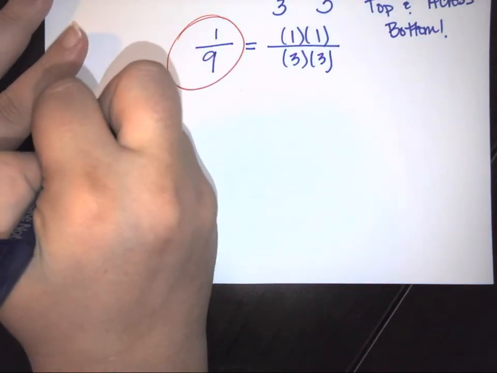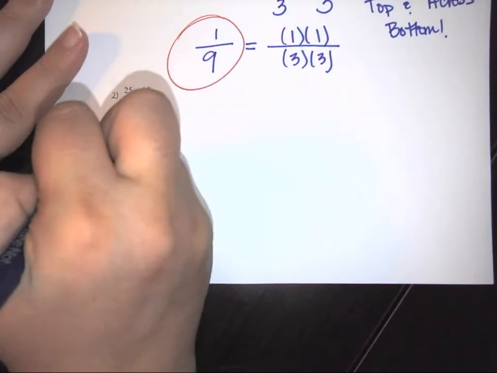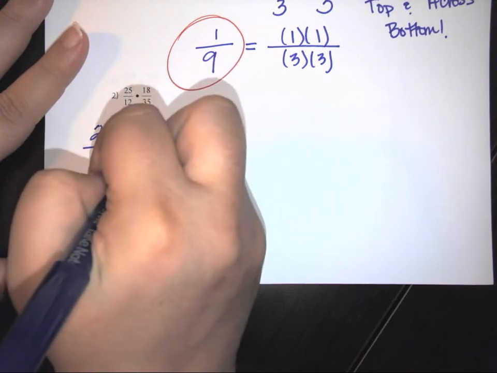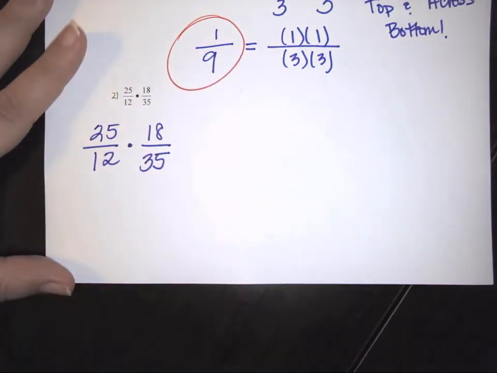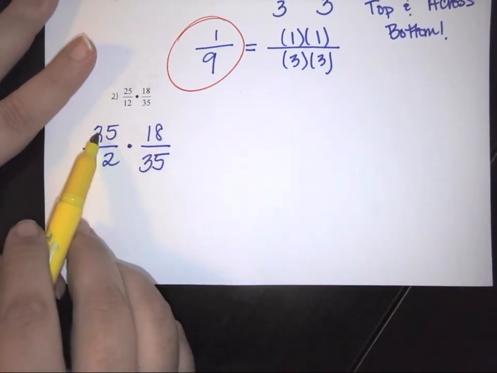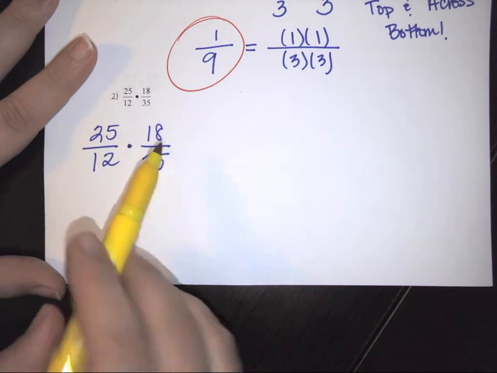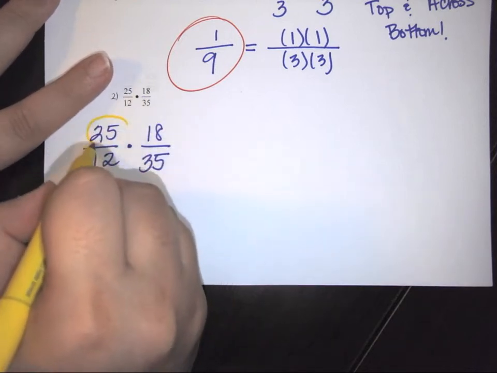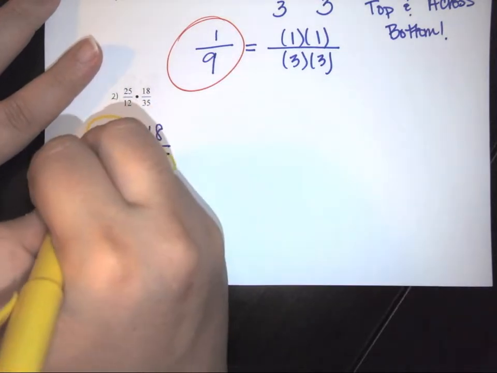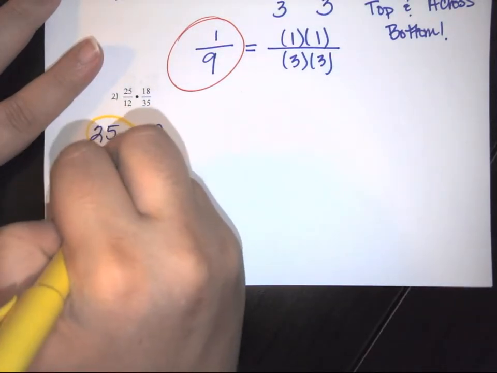So I have 25 over 12 times 18 over 35. So the first thing that I might look at is top left to bottom right. So I'm going to look at these two right here, and I have to simplify.